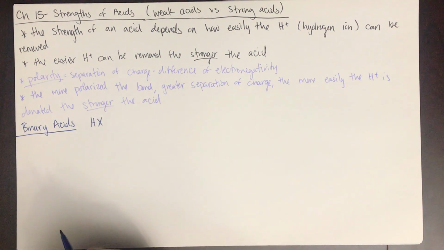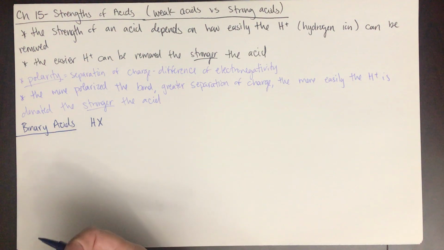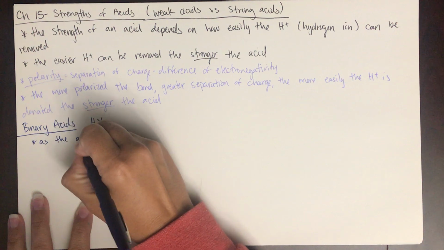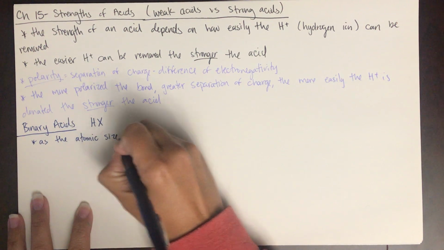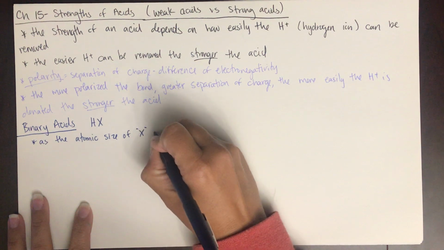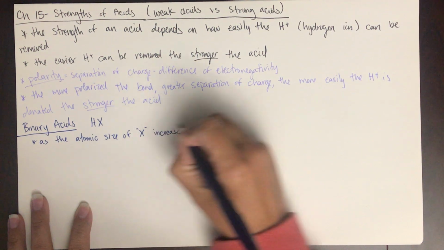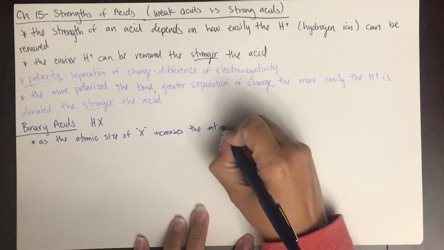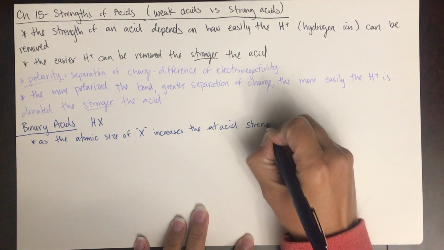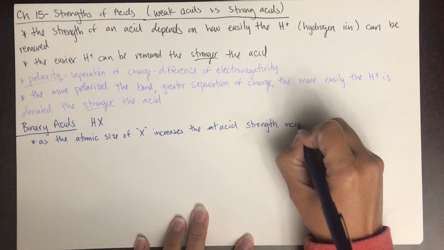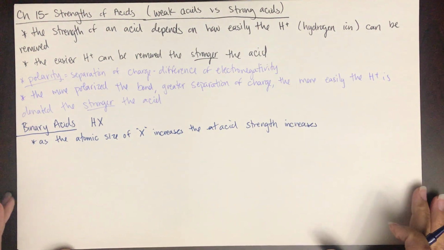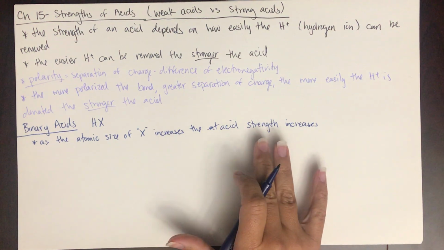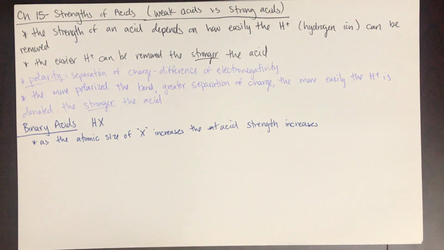As the atomic size of X increases going down a group, the acid strength increases. So the bigger X is, the stronger that acid is, because there's a greater separation of charge.